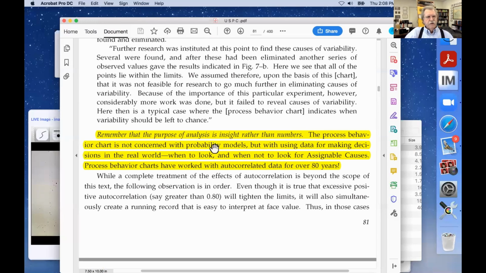The process behavior chart is not concerned with probability models, but with using data for making decisions in the real world: when to look and when not to look for assignable causes. Process behavior charts have worked with autocorrelated data for over 80 years. So if somebody says you can't use autocorrelated data on a chart, they don't know what they're talking about, number one. But just tell them Shewhart did, figure out where he went wrong, then I'll talk to you.